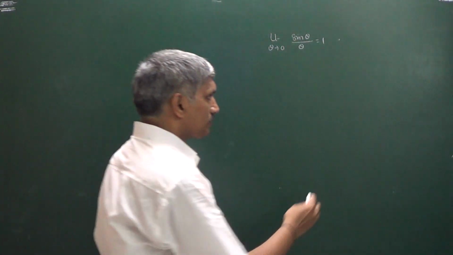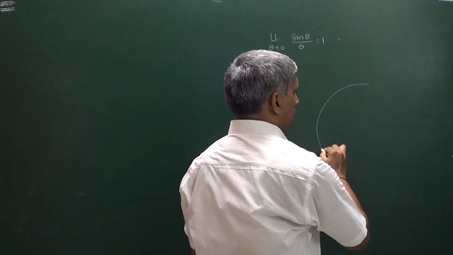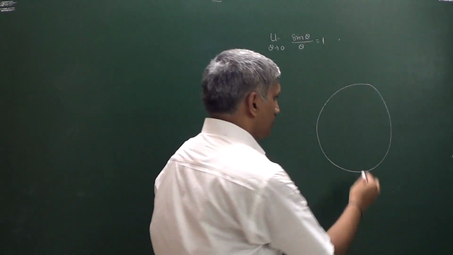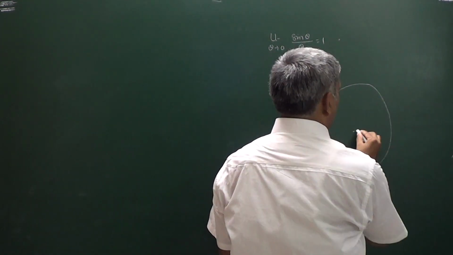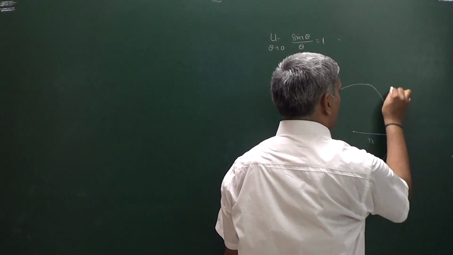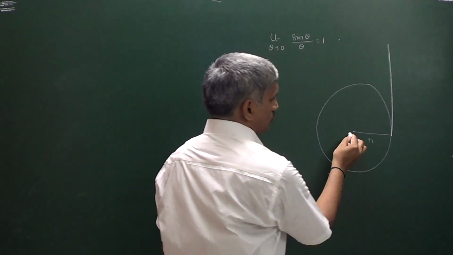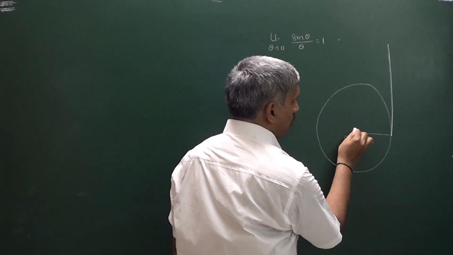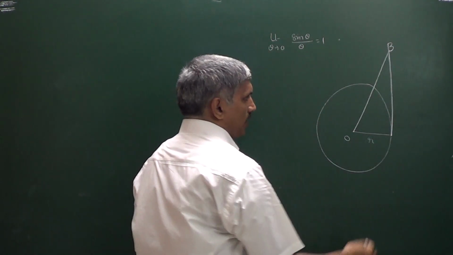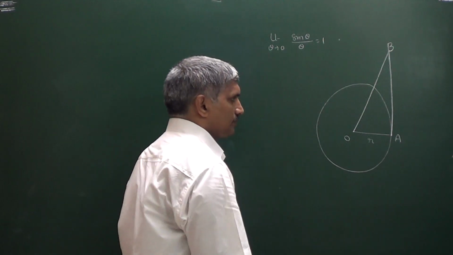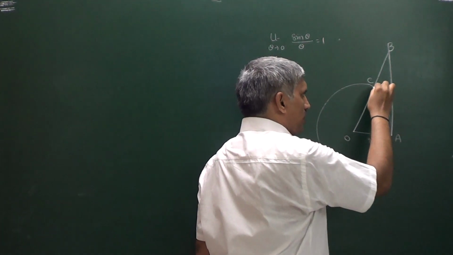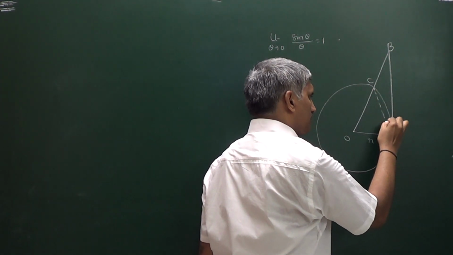Observe here. Let us take a circle whose radius is equal to r. This is the center of the circle, and this is the radius. I am assuming that the radius is equal to r. Here a tangent is drawn, and from the center of the circle we join to the tangent. Let us take this point as B and this particular point as A, and this point as C. Now you are observing three types of figures here.